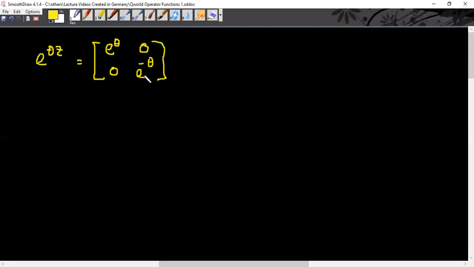So how can this be written? Again, I'm writing the spectral decomposition that we defined, and also the operator function, sum over a.